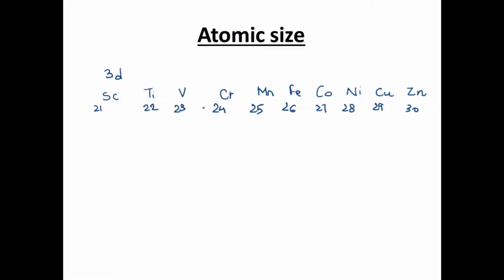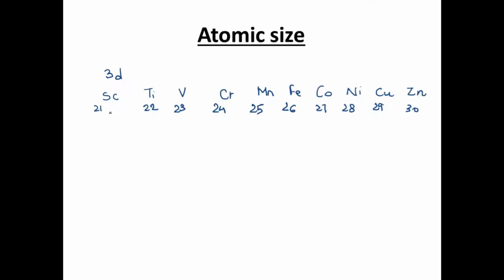That means atomic numbers are increasing, so nuclear charge will be increasing. So atomic size should decrease as we go along the period from left to right in the periodic table.